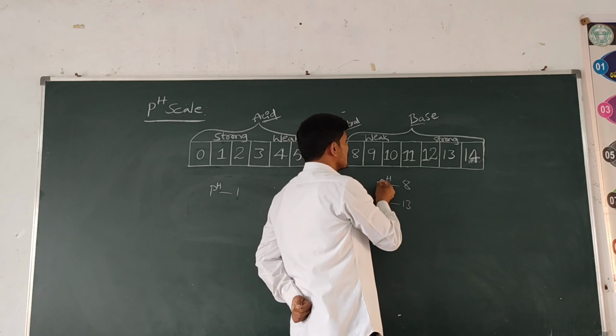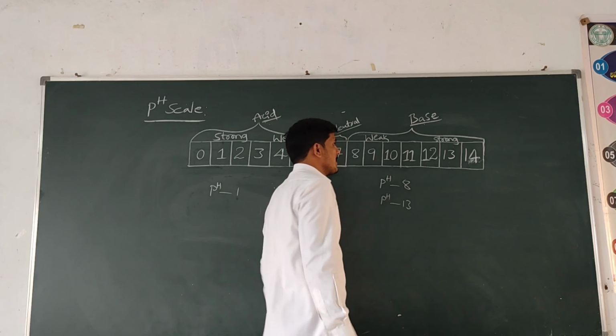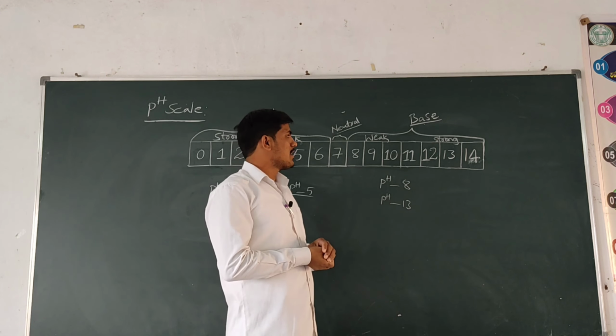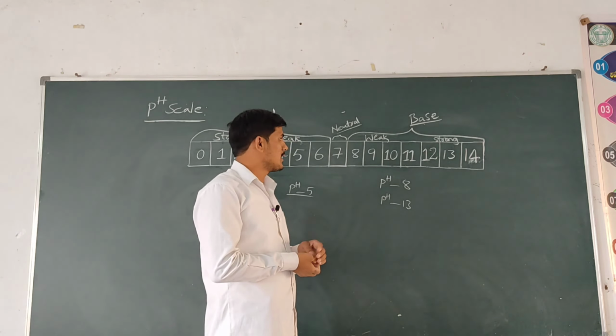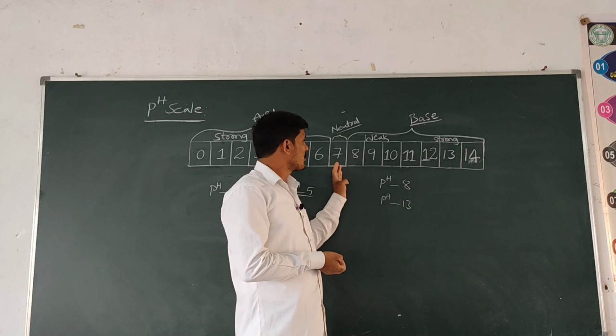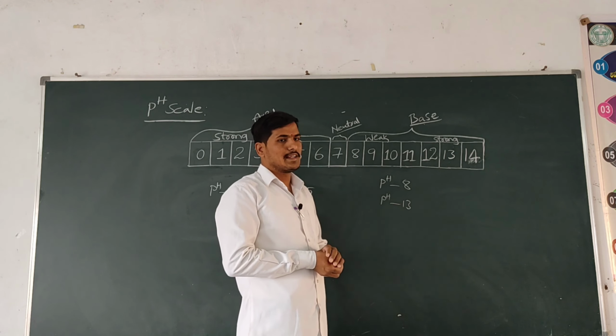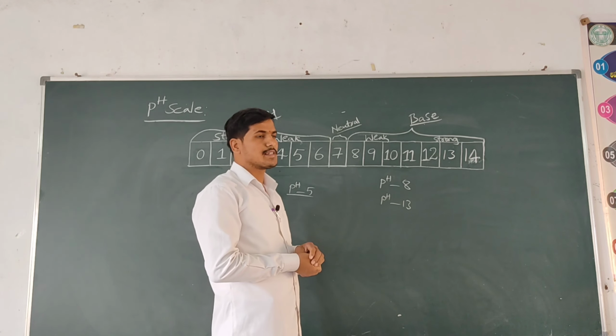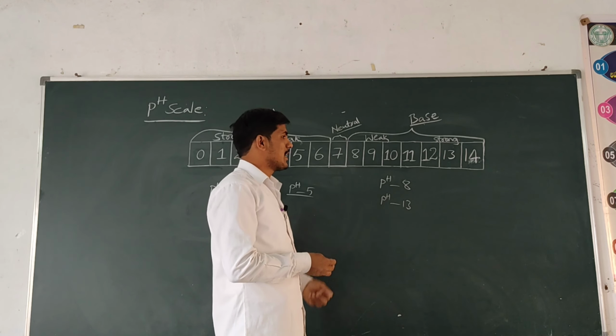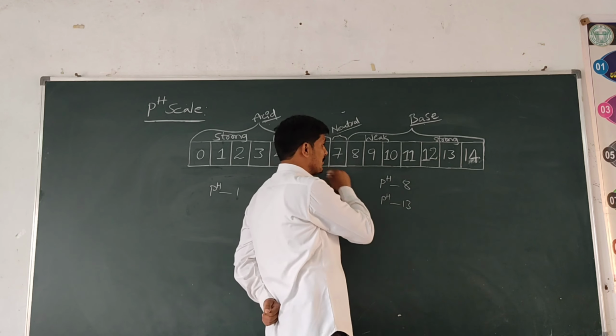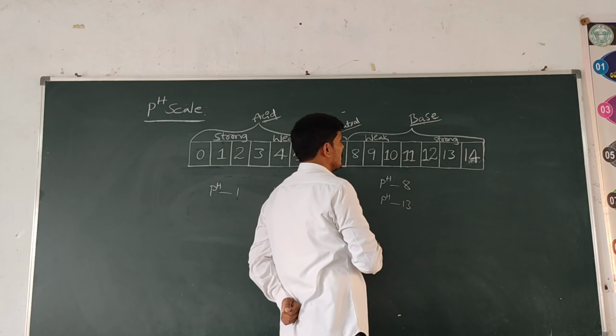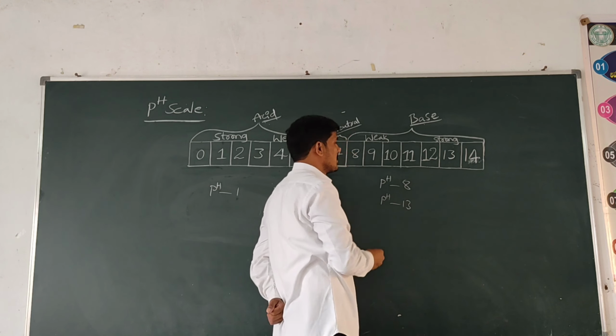Now, what are bases? When the pH value of a solution is more than 7 up to 14, it is called basic. A basic solution is again classified into two types, weak base and strong base.